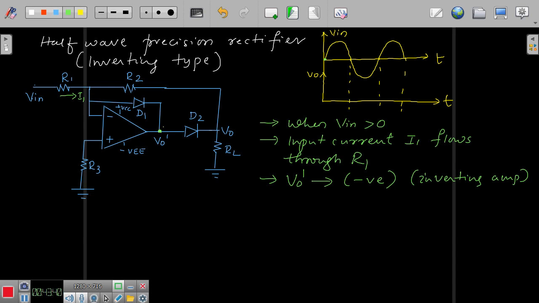So when this is negative, definitely this diode D2 will be reverse biased. This negative voltage has come to the cathode here. Therefore your D1 will be forward biased. D1 is forward biased, D2 is reverse biased.